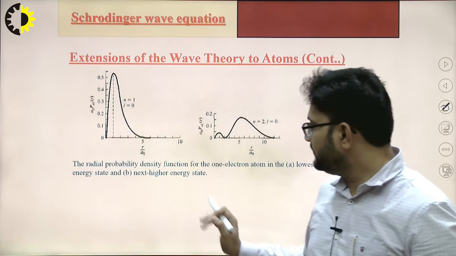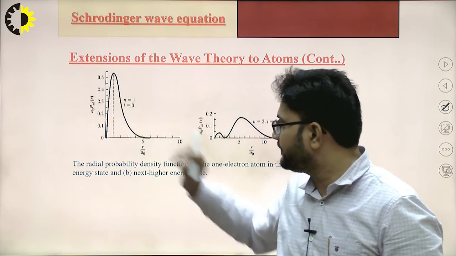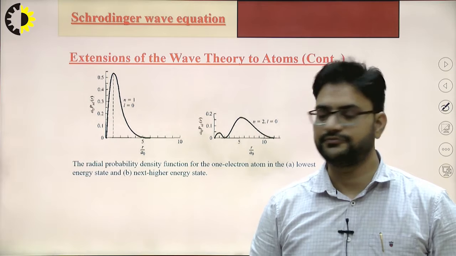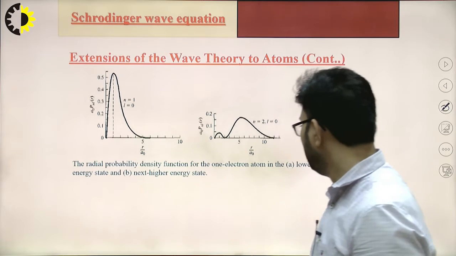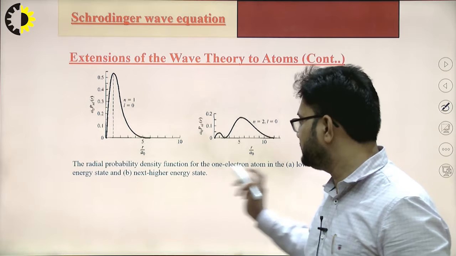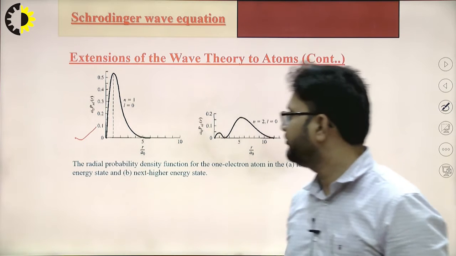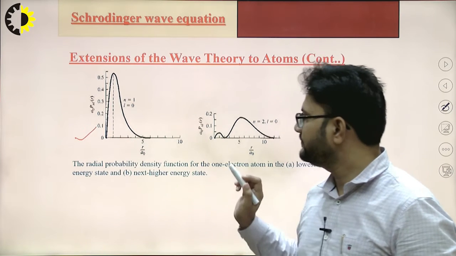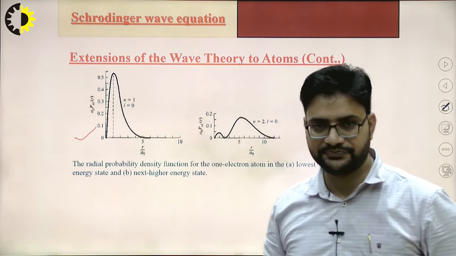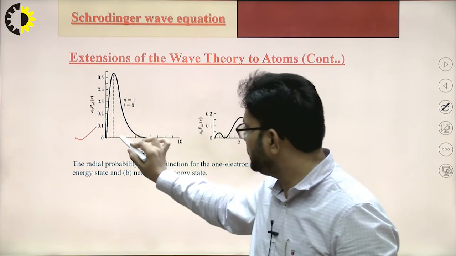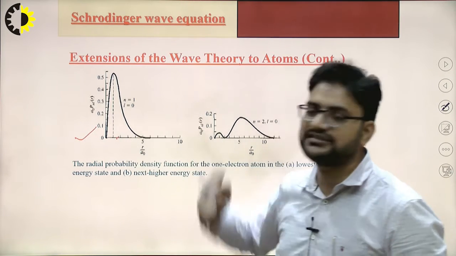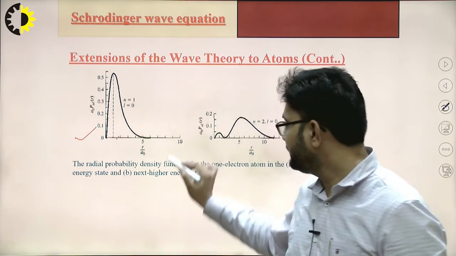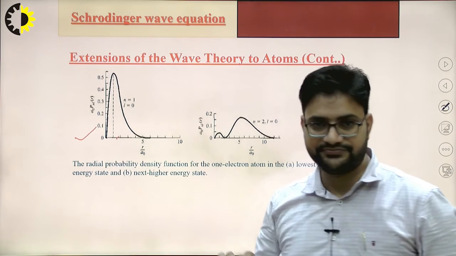Now we can draw the graphical representation of the radial probability density function of one electron in the lowest energy state, as you can see from figure A. This is the radial distance and this one is the probability. At a particular value of a it has the highest value, and it decreases as the radial distance increases.